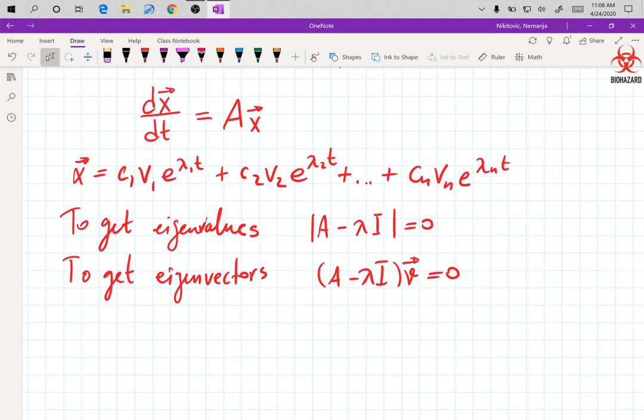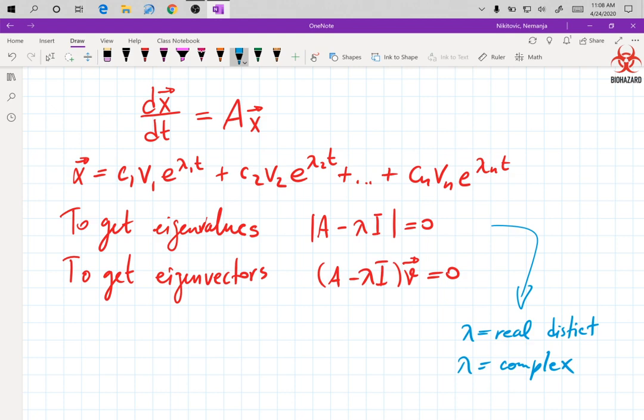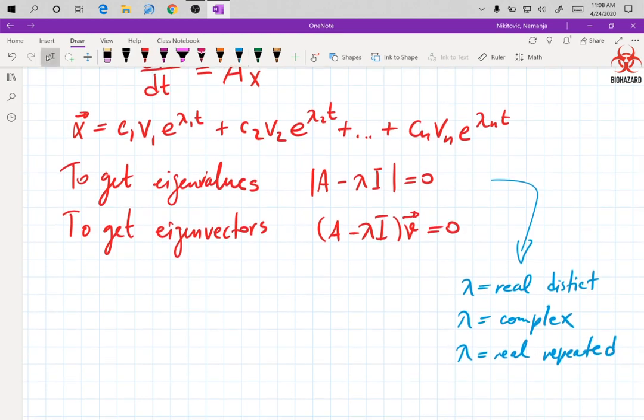And when you get the eigenvalues, we can have lambda be real distinct, lambda can be complex, and lambda can be real repeated. We took care of these two, and today we are focusing on this one.